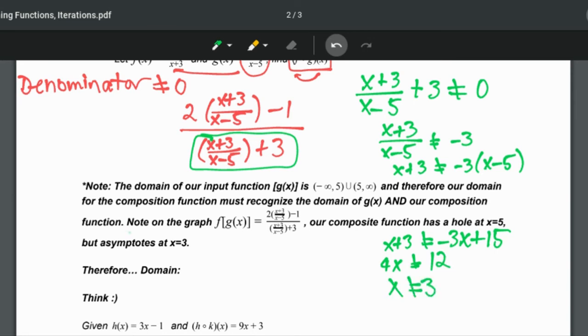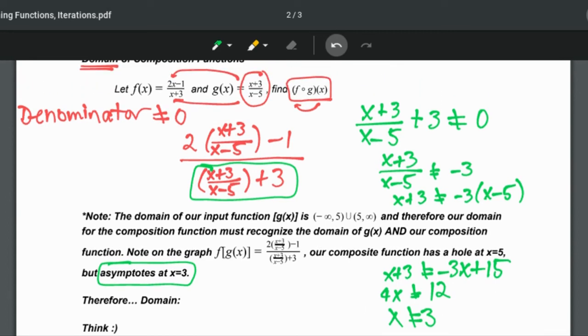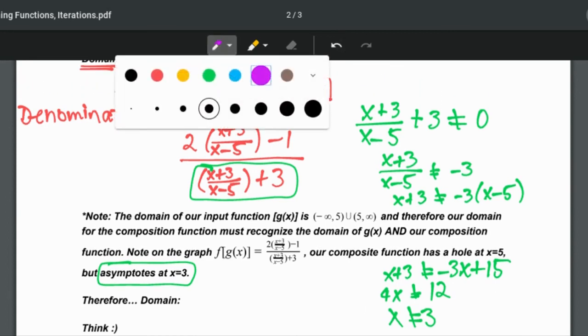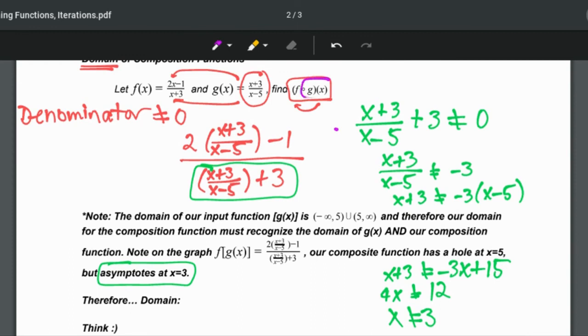All right, so that provides us with an asymptote at x equals 3, because my denominator being 0 would provide where an asymptote would be on my graph. But we also have to recognize that within our function f of g of x, we also looked at just g of x, and anything within that domain restriction.